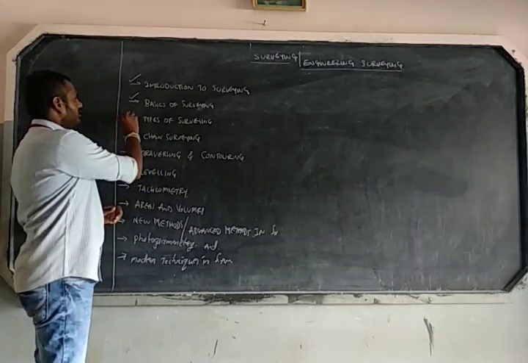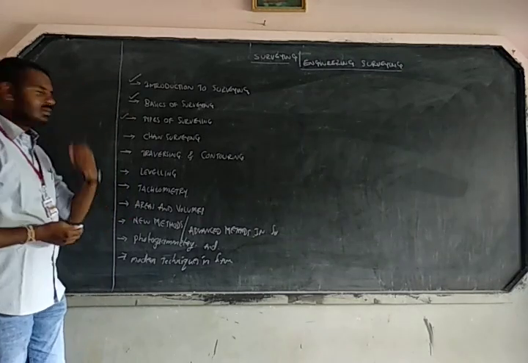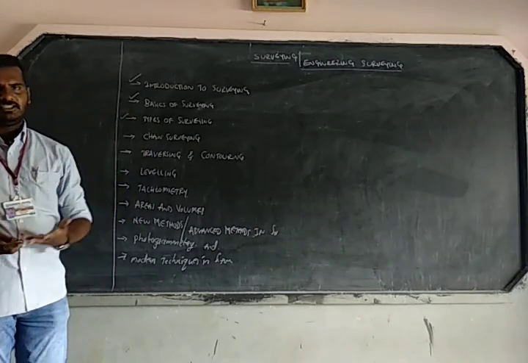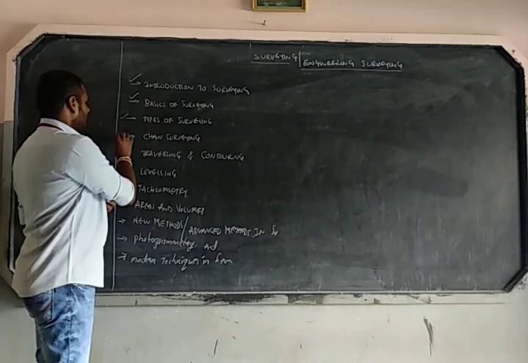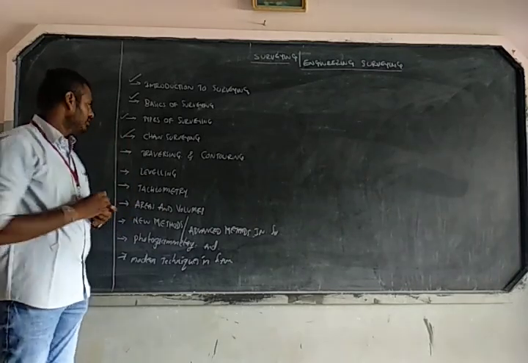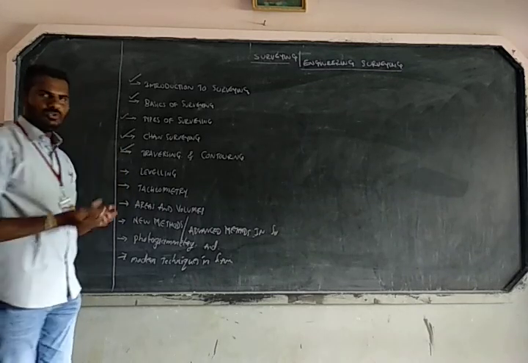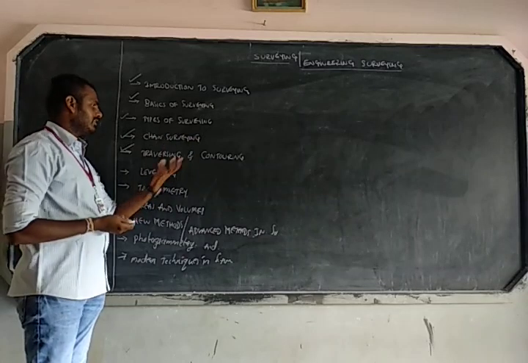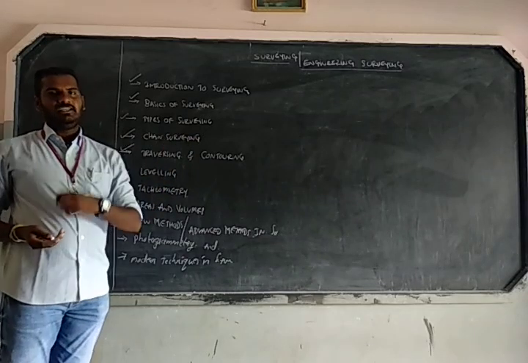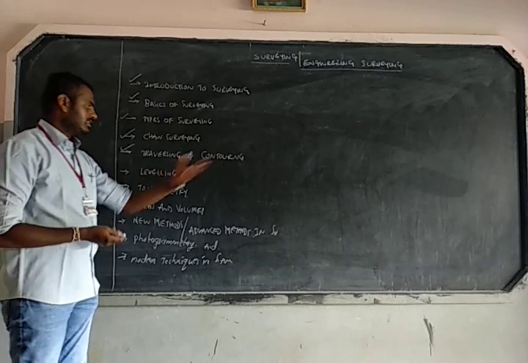Then we will go through different types of surveying, including chain surveying, compass surveying, prismatic surveying, and leveling, and so on. And then we go for chain surveying, traversing and contouring. How to fix a particular point by using traversing, and how to identify a hilly area by using contouring.